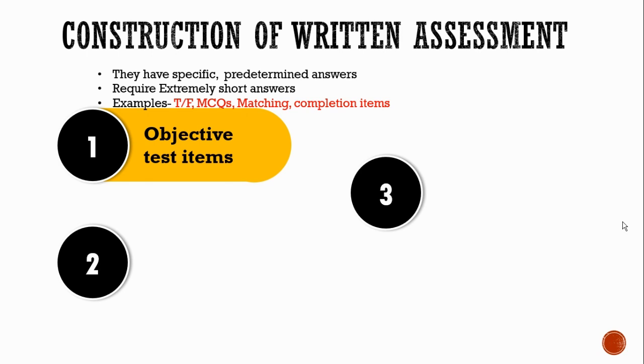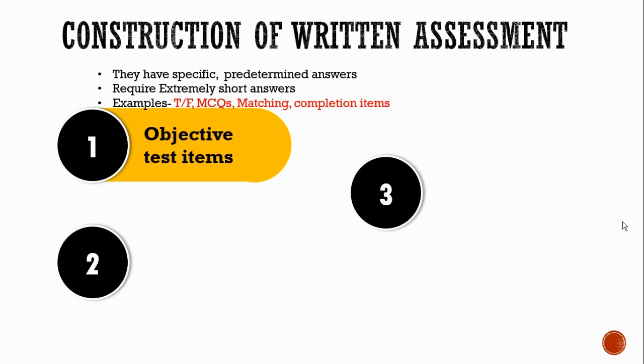So these basically have specific or predetermined answers. So they require extremely short responses. For example, true or false questions, multiple choice questions, matching questions, or sometimes there are questions that require completion items.